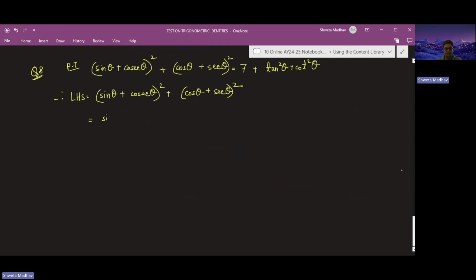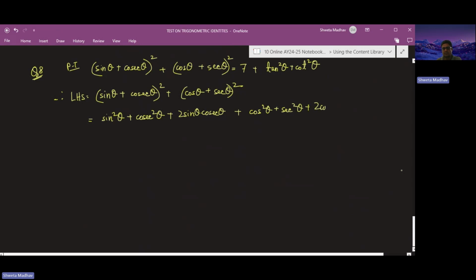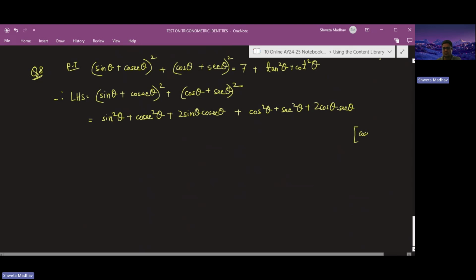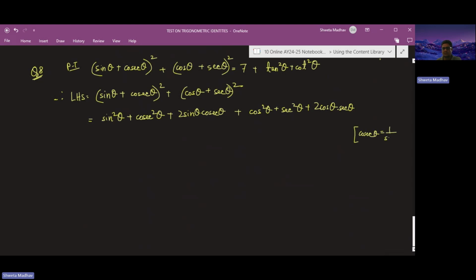So I can say this will be sin square theta plus cosec square theta plus 2 into sin theta into cosec theta. And here also cos theta plus sec theta whole square will be cos square theta plus secant square theta plus 2 cos theta into sec theta. Now we know that cosec theta is 1 by sin theta.